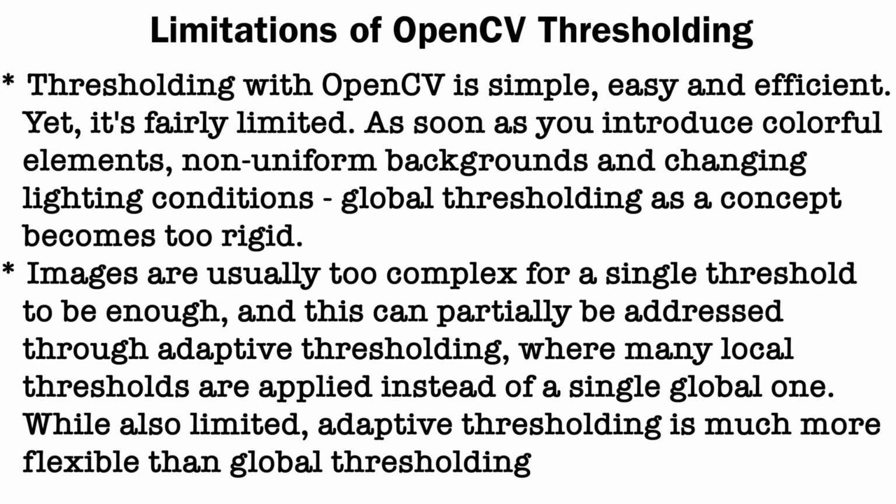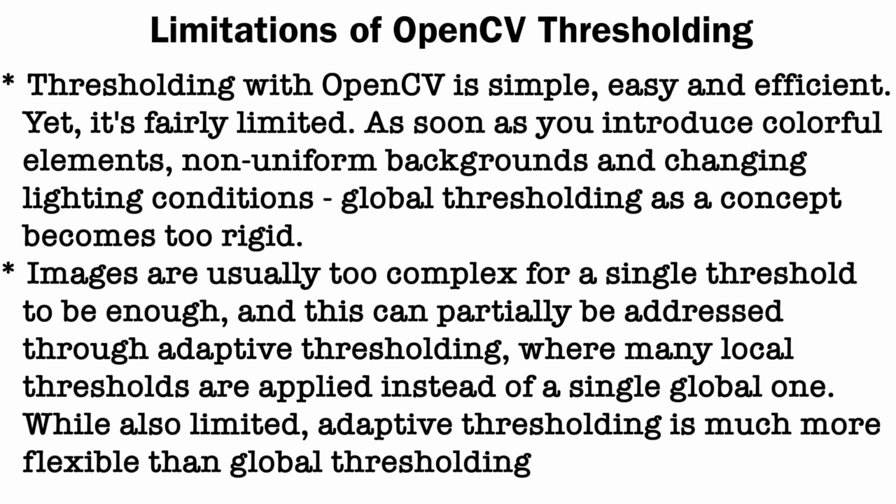Images are usually too complex for a single threshold to be enough, and this can partially be addressed through adaptive thresholding, where many local thresholds are applied instead of a single global one.